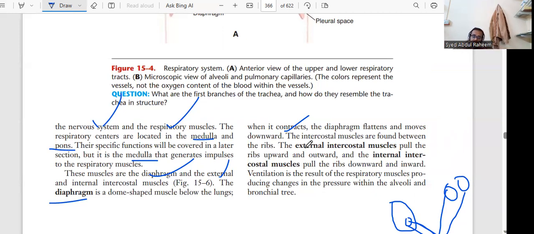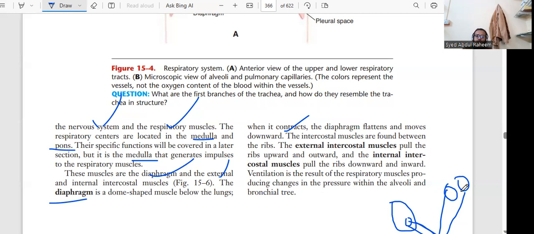So we need to pull the ribs outward, and the external intercostal muscles help along with the diaphragm. Next, the internal intercostal muscles. When we exhale, we need the lungs to relax because air is being sent out to the environment. The internal intercostal muscles help, and the external intercostal muscles relax.